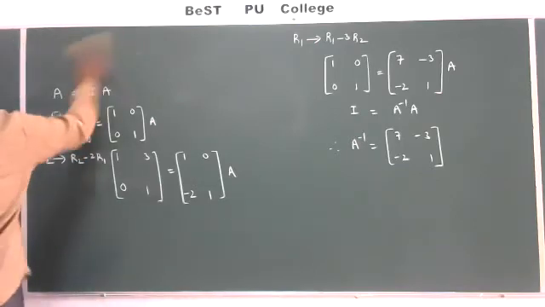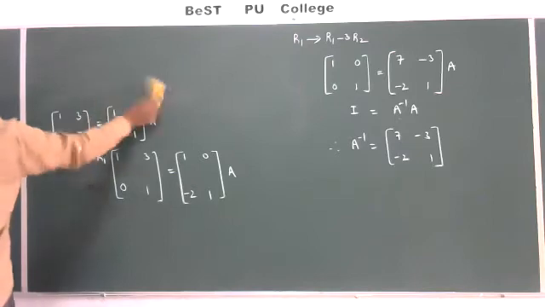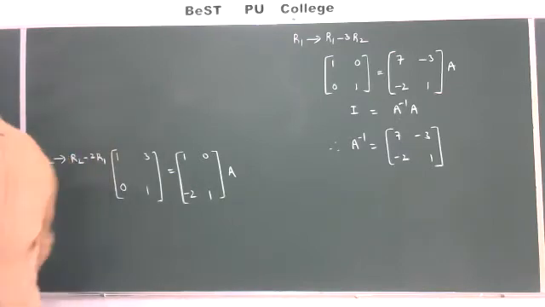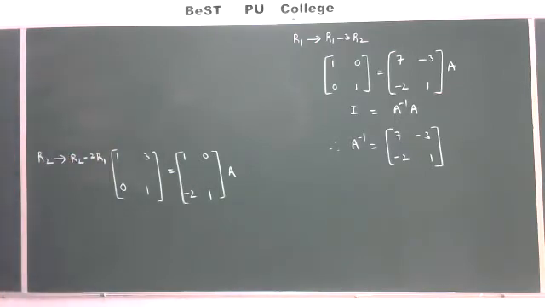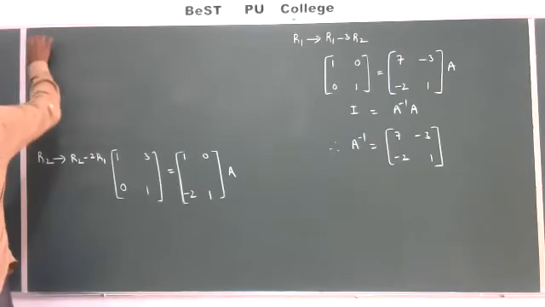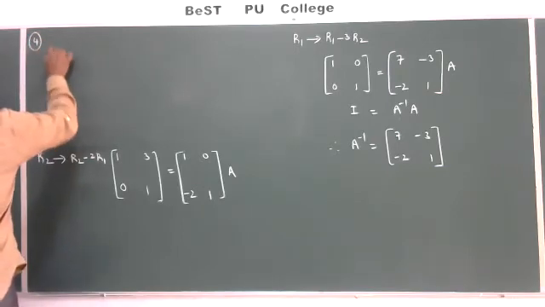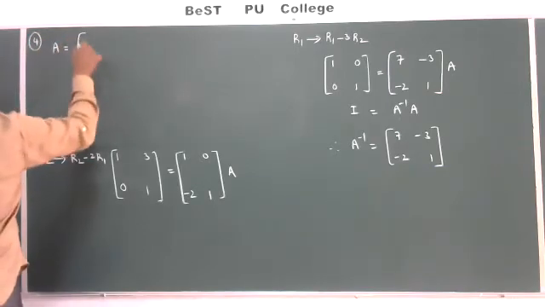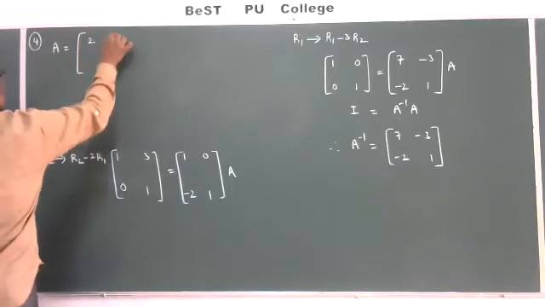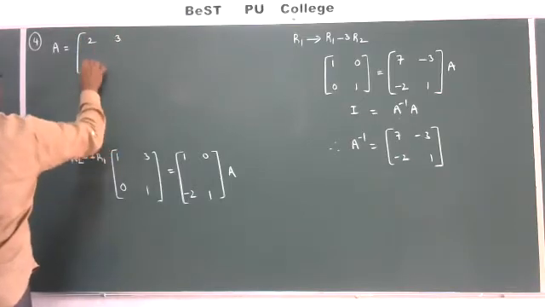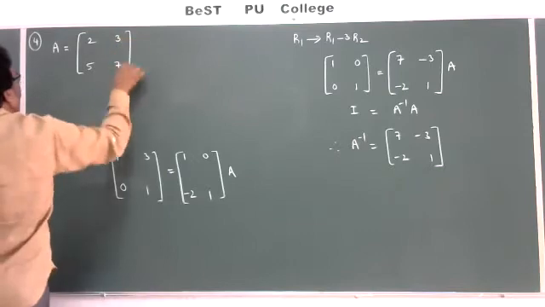That's the third problem. Yes, the fourth problem: A is equal to the matrix 2, 3, 5, 7.